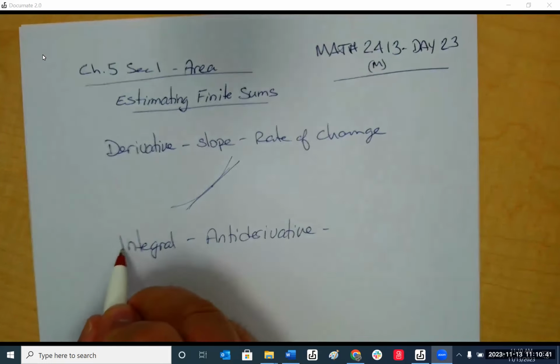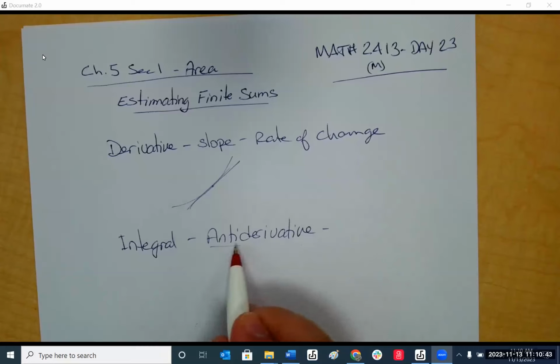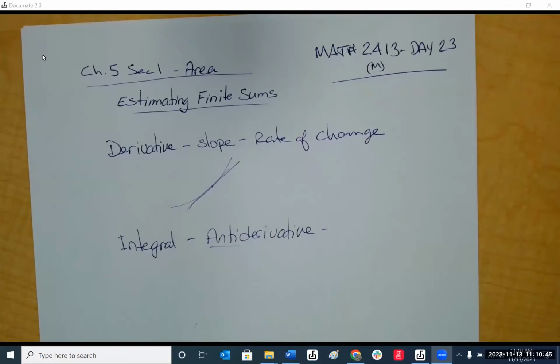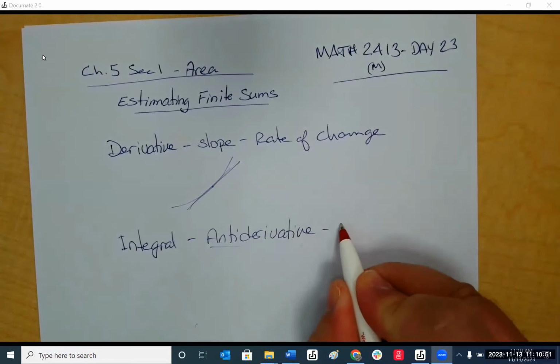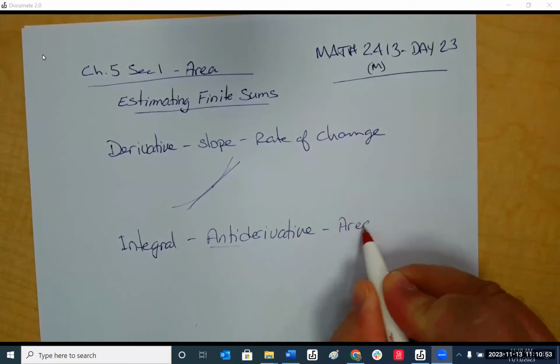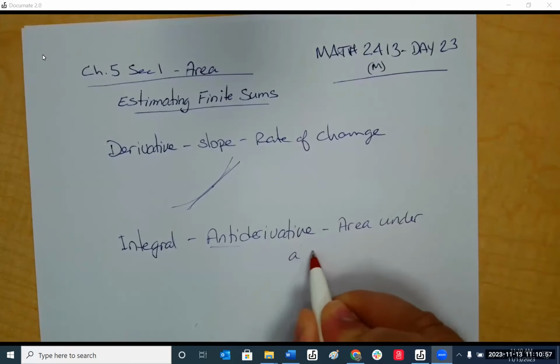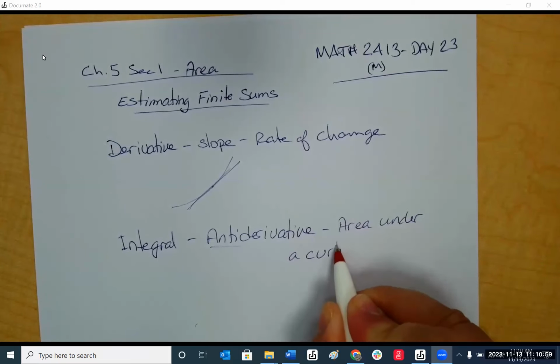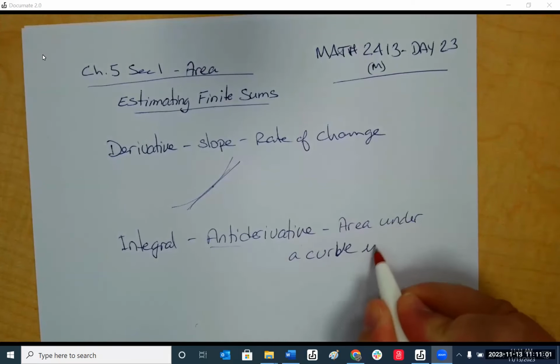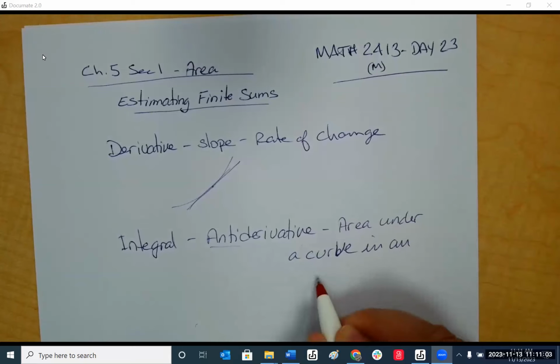The reason I call it the antiderivative is because it goes in the opposite direction. What the antiderivative finds is the area under a curve in an interval.